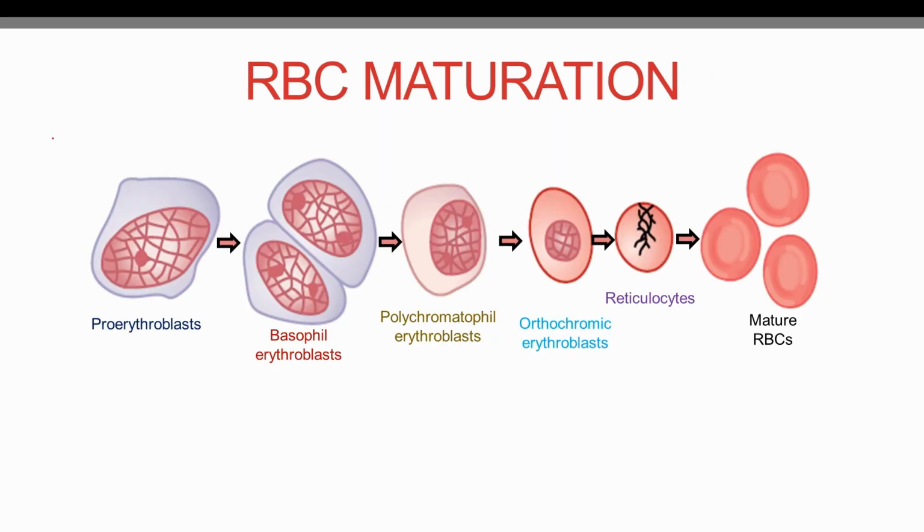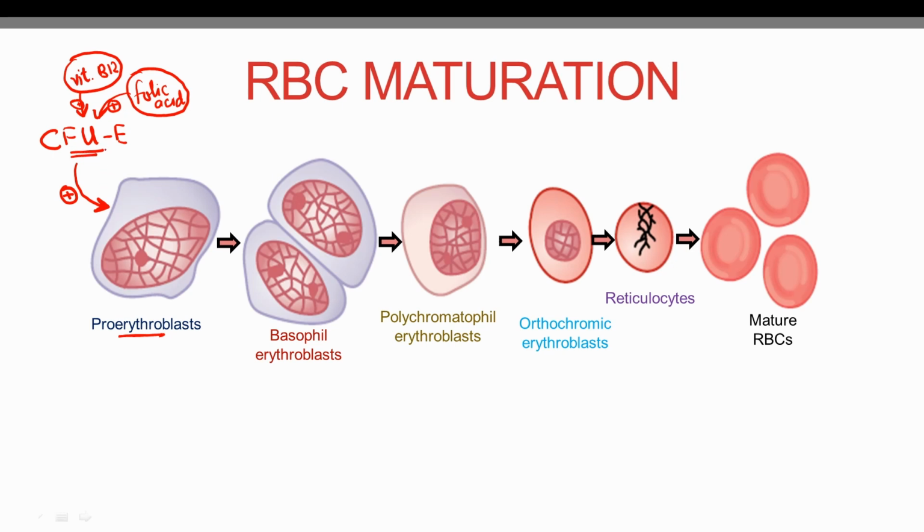So erythropoietin acts on colony-forming unit erythroblasts and upregulates the differentiation, increasing the formation of proerythroblasts. The colony-forming unit erythroblasts require vitamin B12 and folic acid for nuclear maturation and DNA formation. The deficiency in vitamin B12 or folic acid can result in megaloblastic anemia.